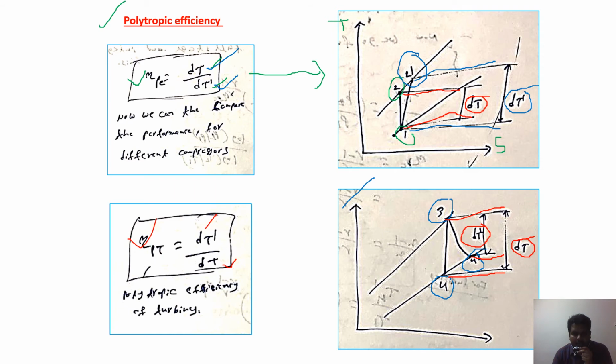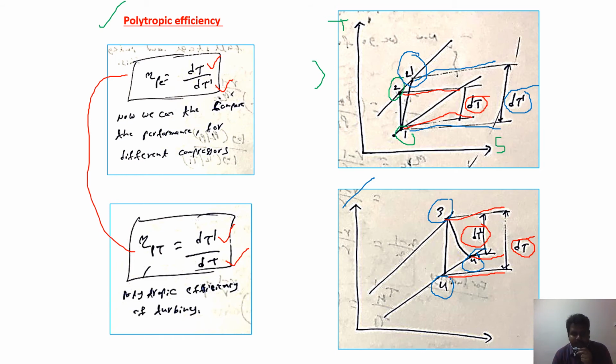Here actual divided by ideal. Okay, in case of turbine, actual will be lower when compared with the ideal, but for compressors ideal will be lower when compared with the actual. So polytropic efficiency of the turbine is just the reverse of the polytropic efficiency of the compressor.